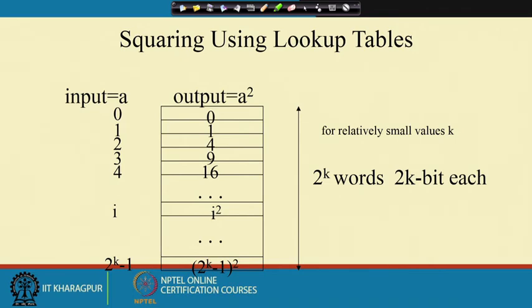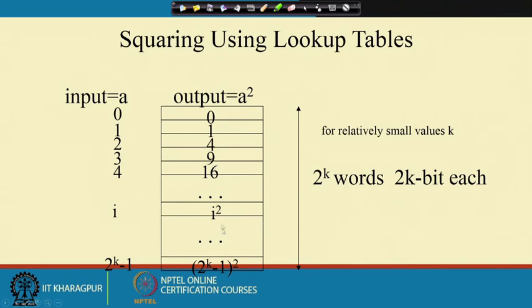If I consider this A as 10 bits, then what will be the number of combinations here? That will be 1024. So, at that time it will require a ROM depth of 1024.